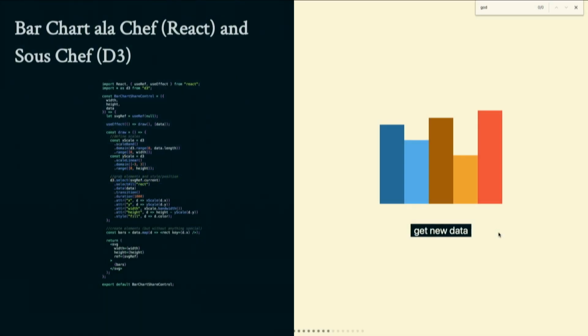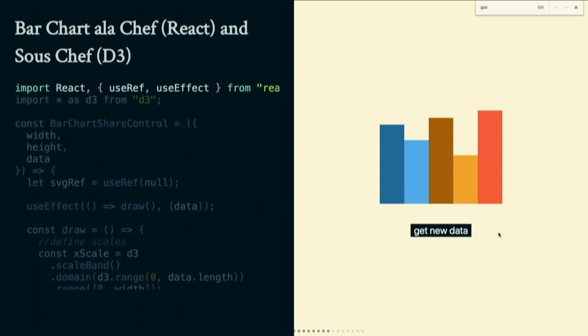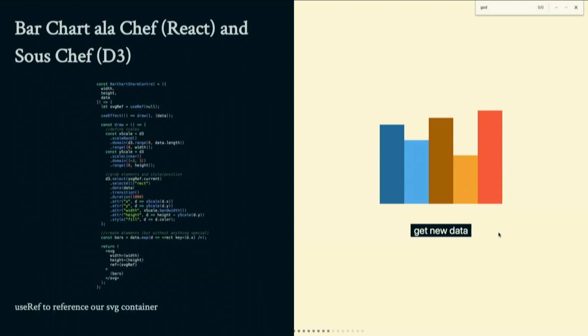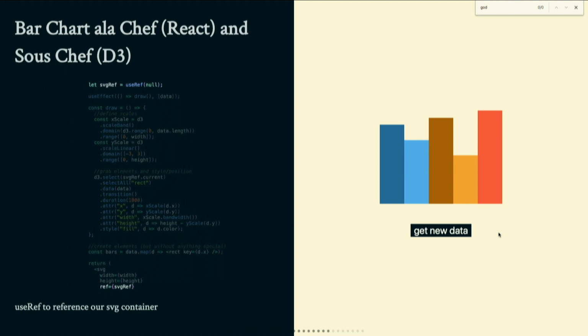So let's take a look at this. Now we have a React functional component. And we're going to be importing useRef and useEffect in this case. The first step is to use the useRef hook to set a ref on our SVG container, as we had been doing previously, but now within a functional component.